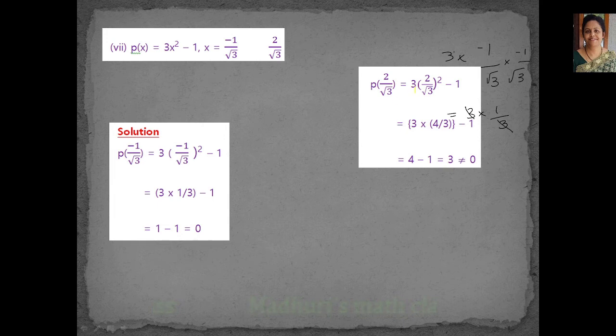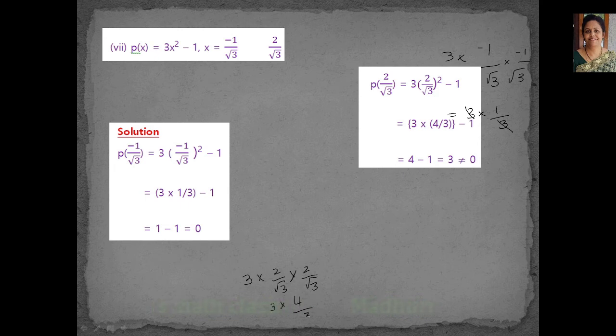Next one is P of 2 by root 3. So 3 into 2 by root 3 the whole squared minus 1. 3 into 2 by root 3 into 2 by root 3. So 3 into 2 into 2 is 4.